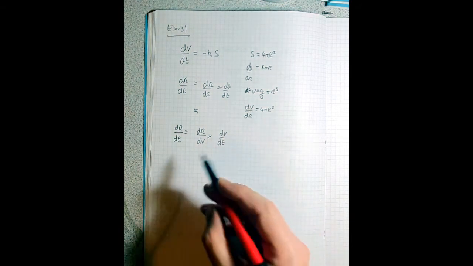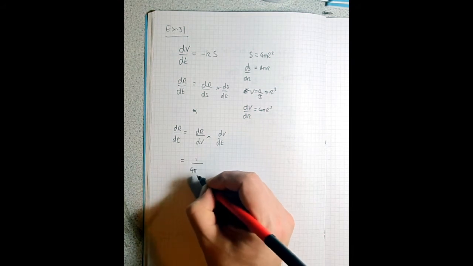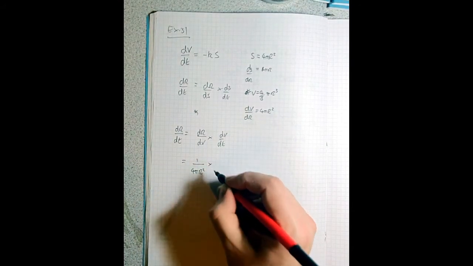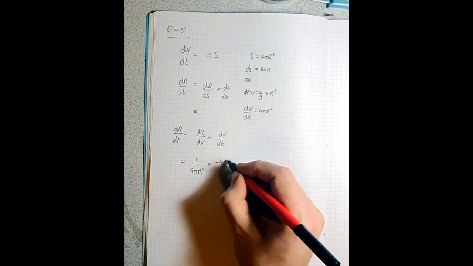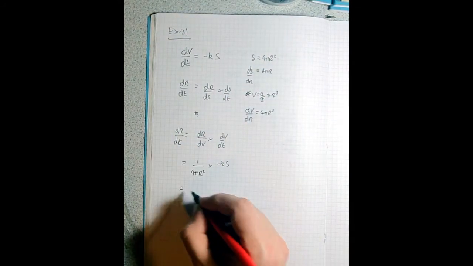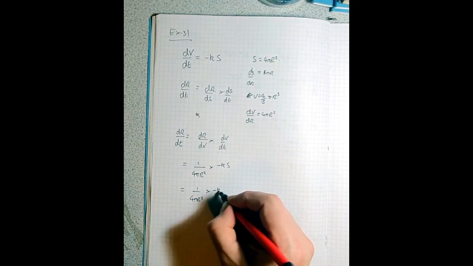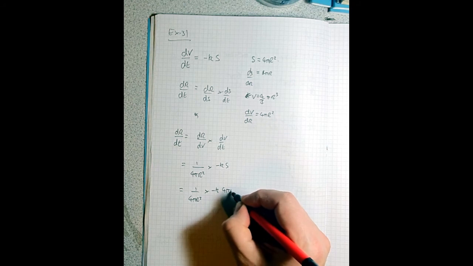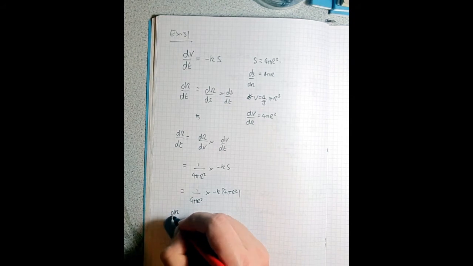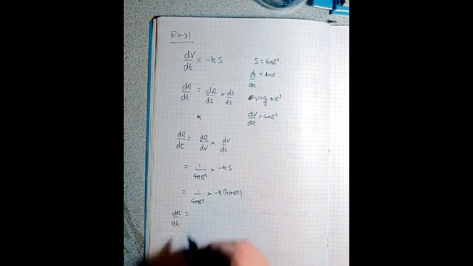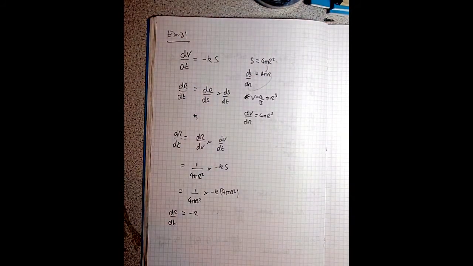So dr/dV is 1 over 4 pi r squared. dV/dt is minus k times S, and I know S, so minus k times 4 pi r squared. So my 4 pi r squareds cancel out. So dr/dt is minus k. So actually I didn't need dS/dr at all for that one.